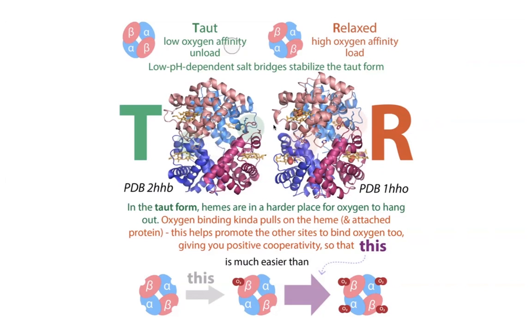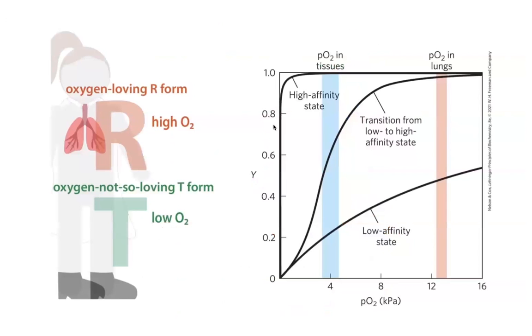The taut state is basically your weaker binding affinity, and then the relaxed state is where you have a higher binding affinity. And what happens is that when you bind that first oxygen, you stabilize the R state, making the higher affinity for the subsequent sites to bind. As a result, in your lungs, where there's lots of oxygen, you're going to be in that R form. And then in your toes, you're going to be in that T form.